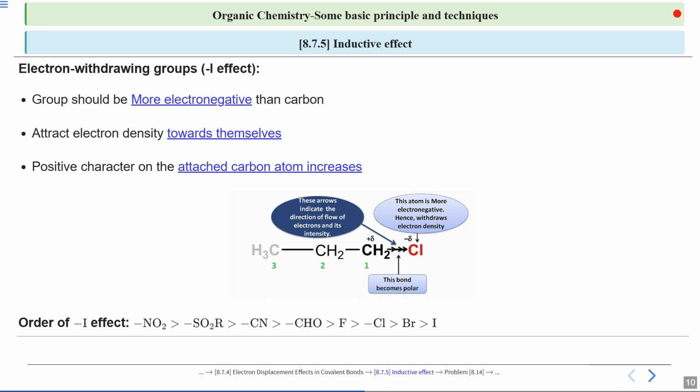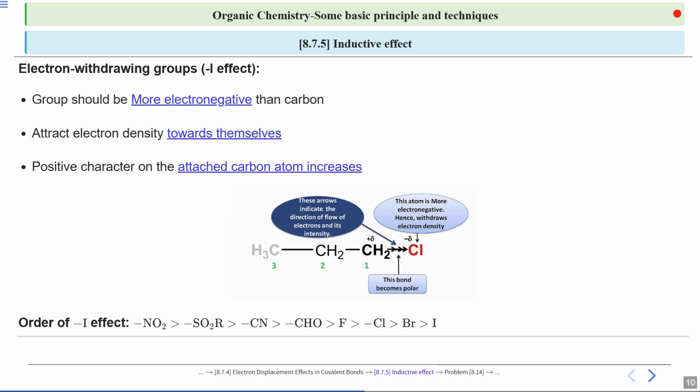Although the contribution from one is not significant as compared to fluorine, the contribution from these 3 atoms, which is 2 oxygens and 1 nitrogen, is significant, and hence it will show higher minus I effect. Similarly, the combined effect of SO2R is less than the NO2, but again higher than the halogens. Then we have the CN, then we have CHO, and so on. We have fluorine, chlorine, bromine and iodine. I hope you are getting the idea of how we rationalize this series.